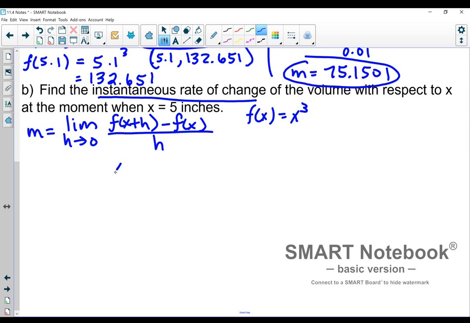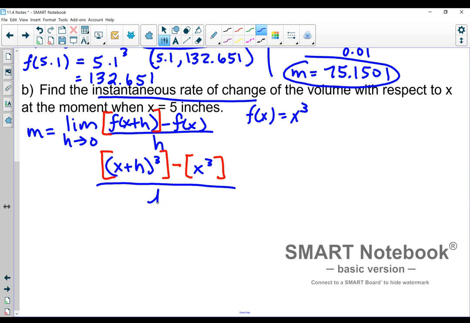So that would be x plus h cubed. So this whole thing is that f of x plus h part. Then I have a minus, and now I do f of x. Well, f of x is just the function itself, x cubed, and then this whole thing is over h.